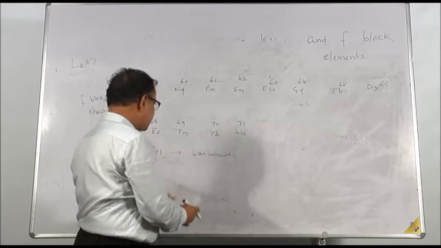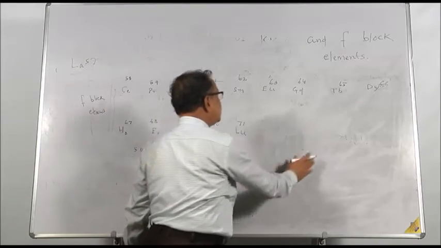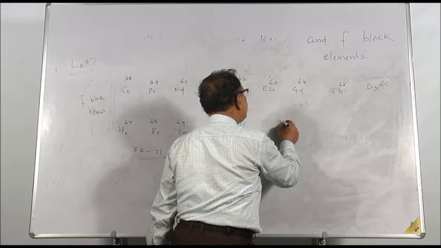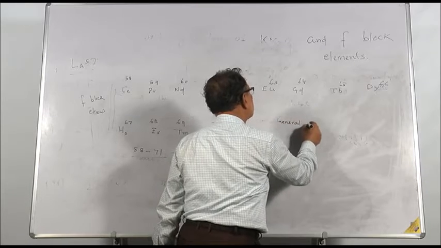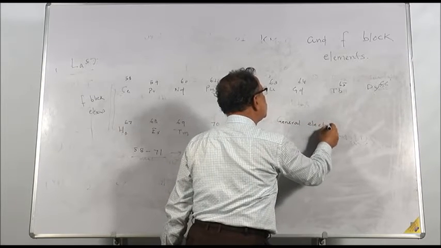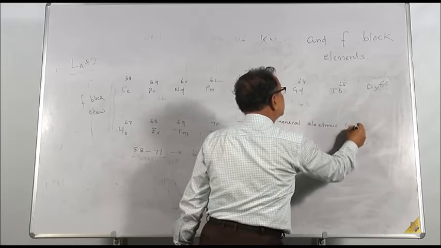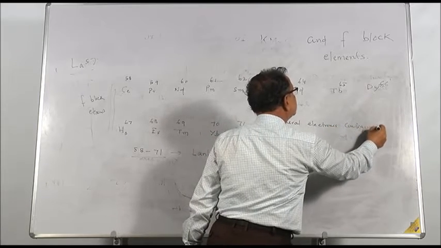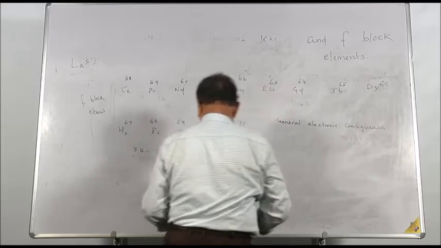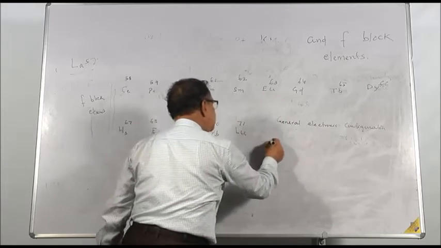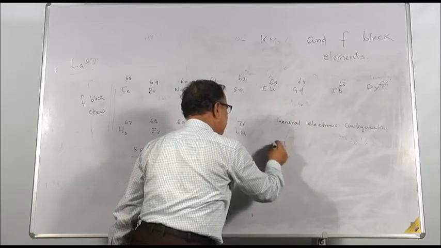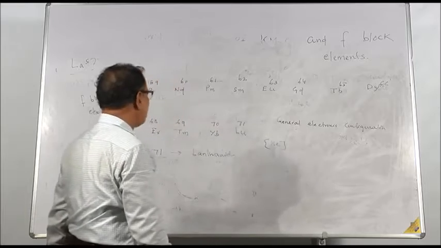So the general electronic configuration of lanthanides. What is the general electron configuration of lanthanides?